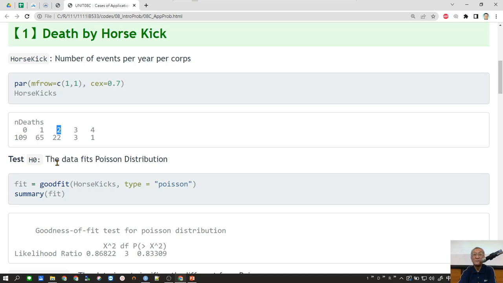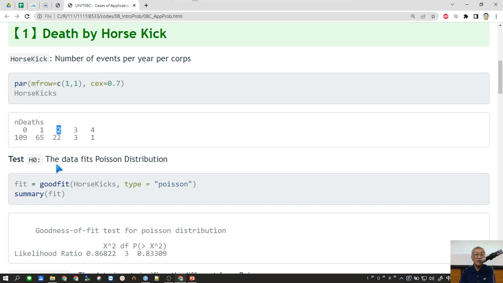Sorry, Professor, what is a corps? It's a group of the army, a unit of about 8,000 people, something like that. So when there are more people, there is less death?